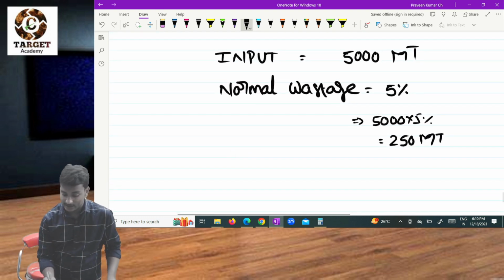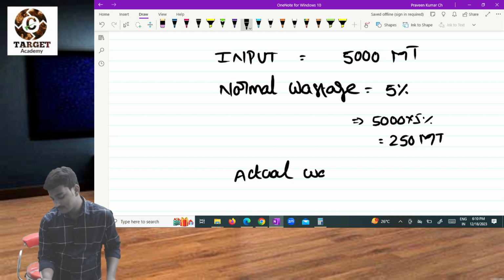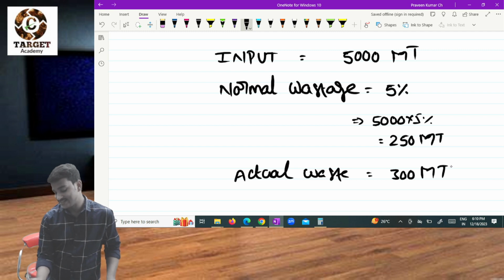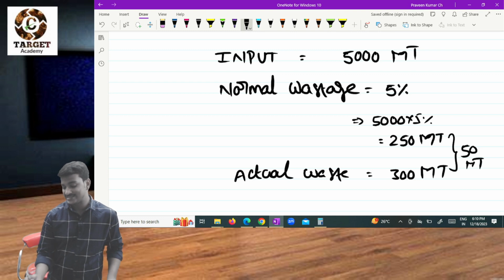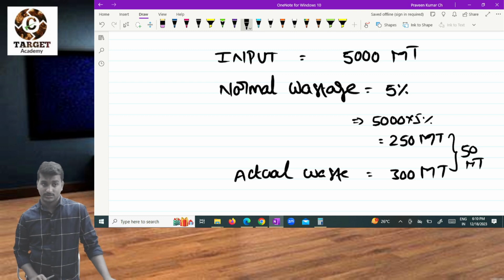But actual wastage is 300 MT. That means there is an extra 50 MT. That 50 MT extra wastage is called abnormal loss.